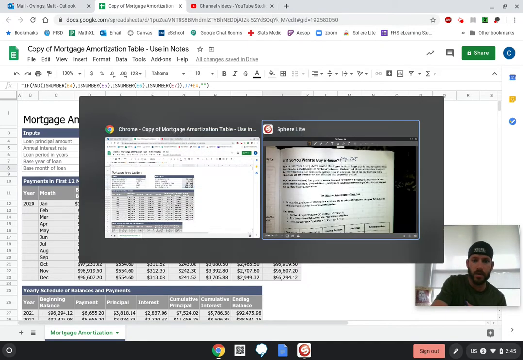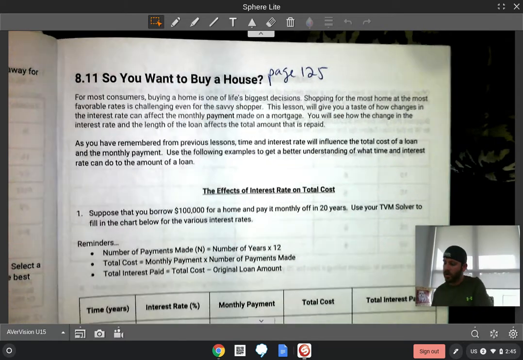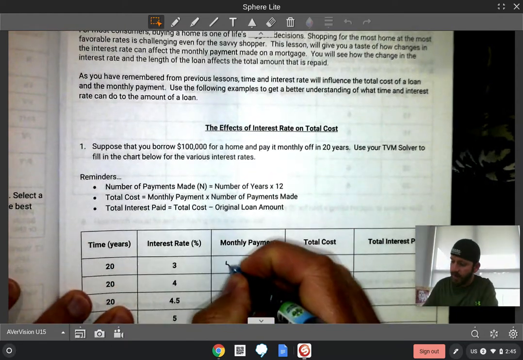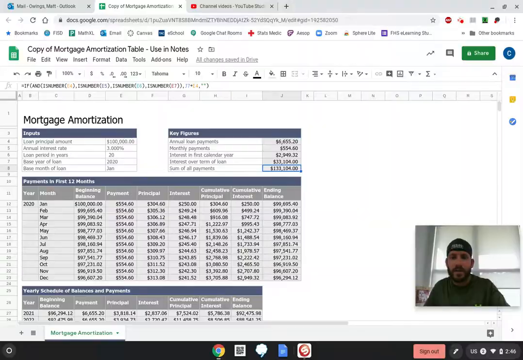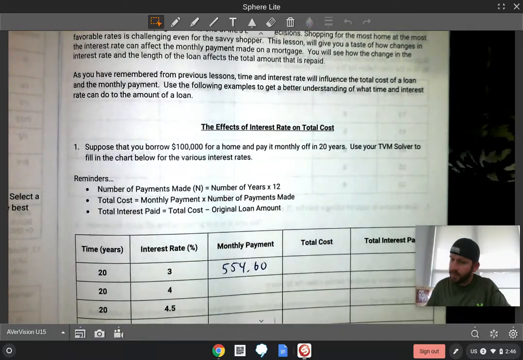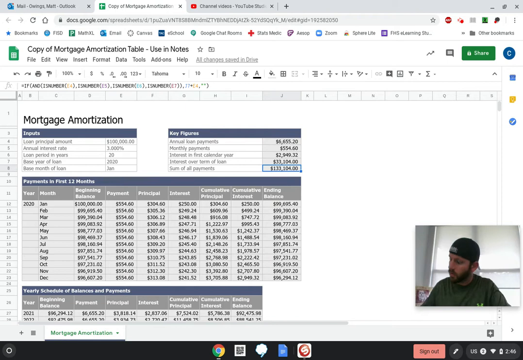So I'm going to hop back over to where we're going to write this down. So our monthly payment, I already forgot, but I believe it was $554.60. The total cost there was the sum of all payments, $133,104.